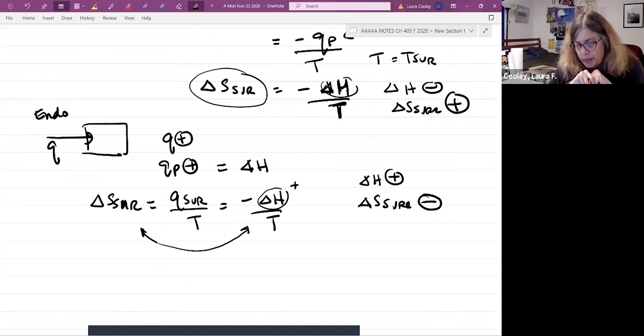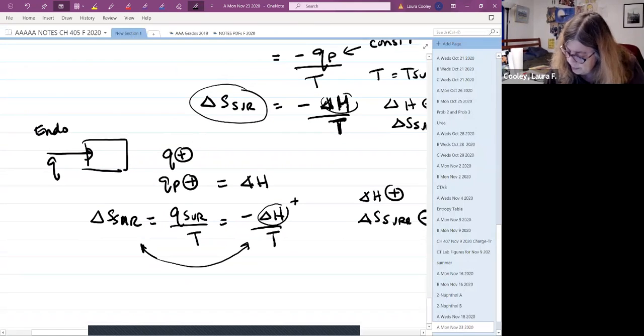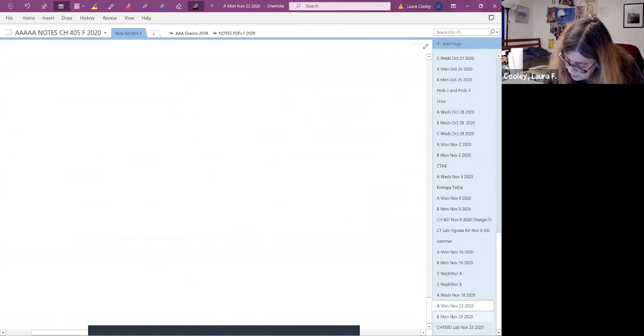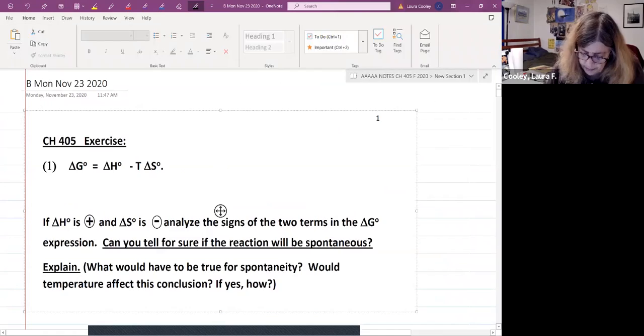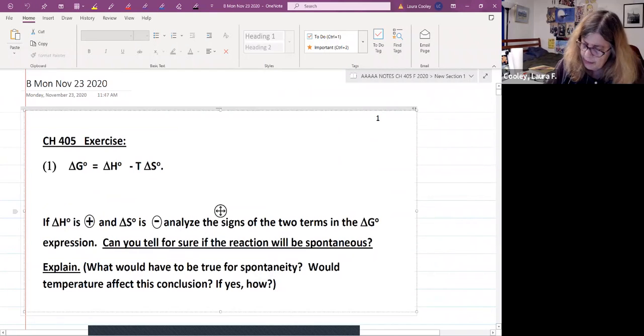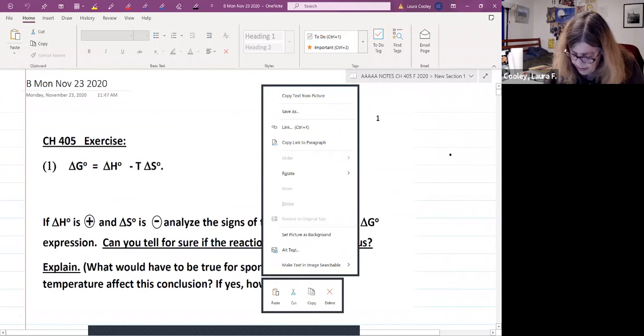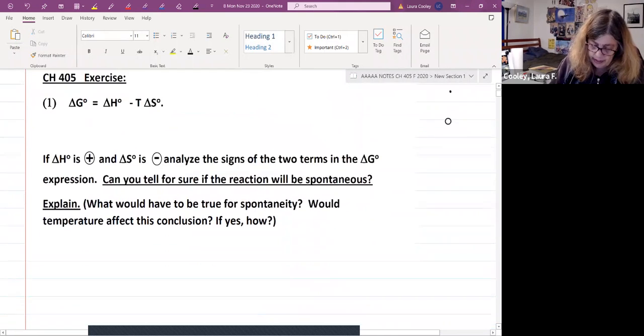So I'm going to go to the next page where I have a handout. There are 4 different situations outlined in this handout.